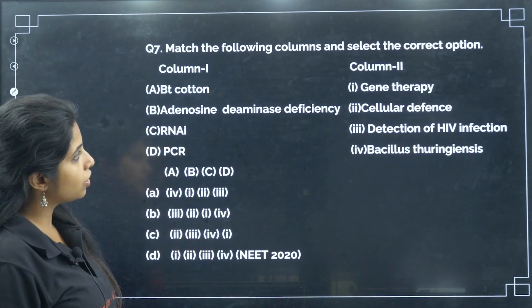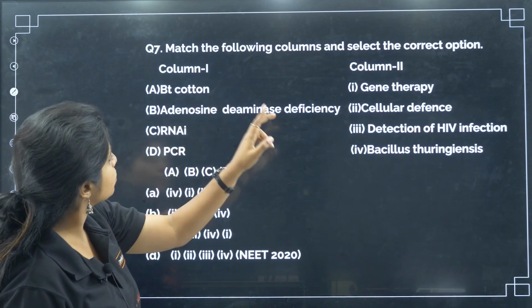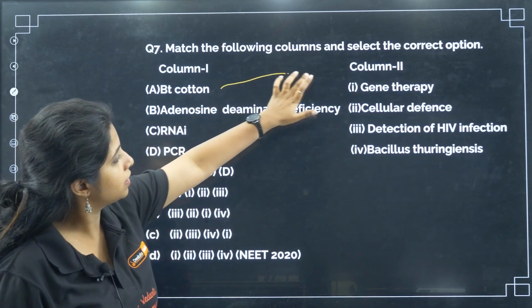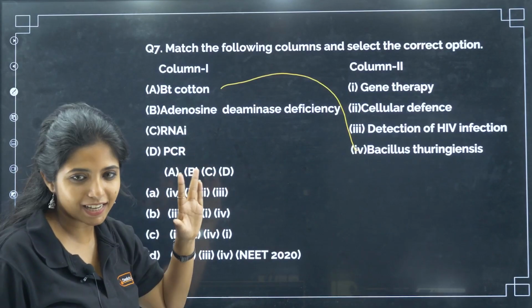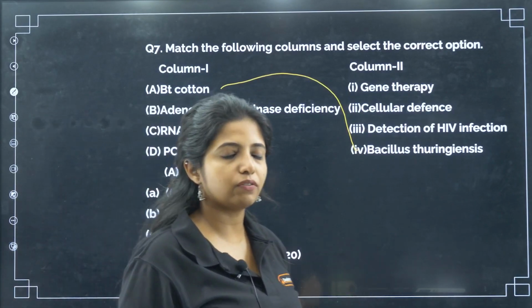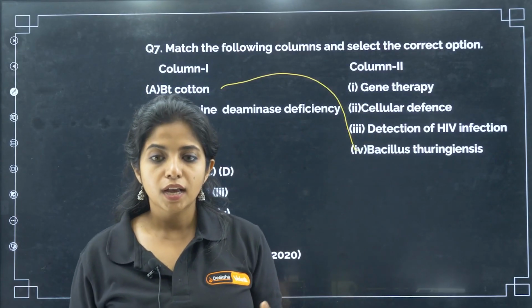Now, match the following columns and select the correct option. Bt cotton goes with Bacillus thuringiensis. Adenosine deaminase deficiency, what is that? That is something new from all the questions that we saw. Adenosine deaminase is an enzyme, very important for our immune response.